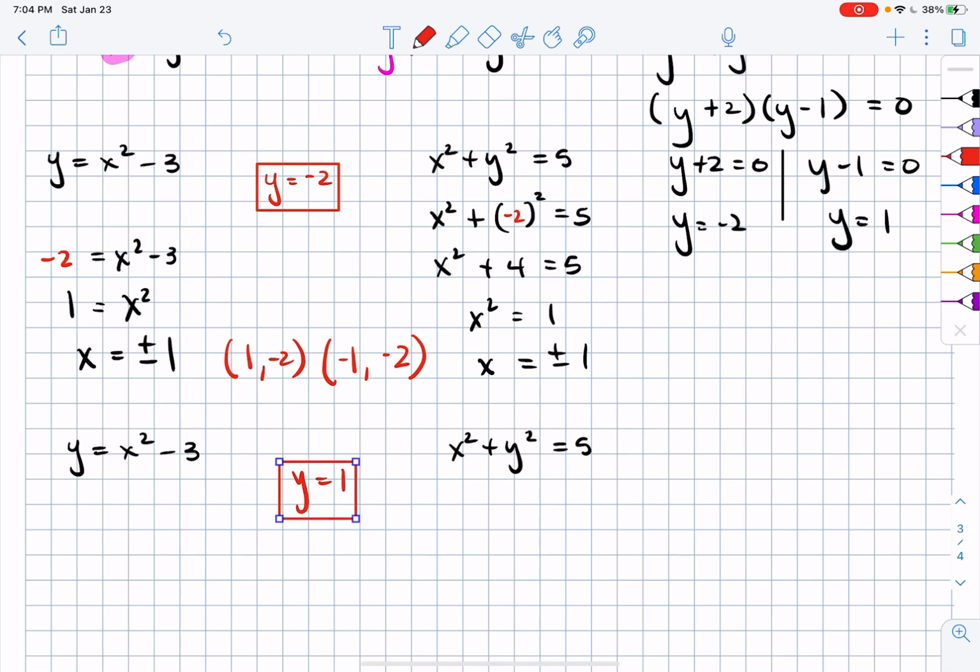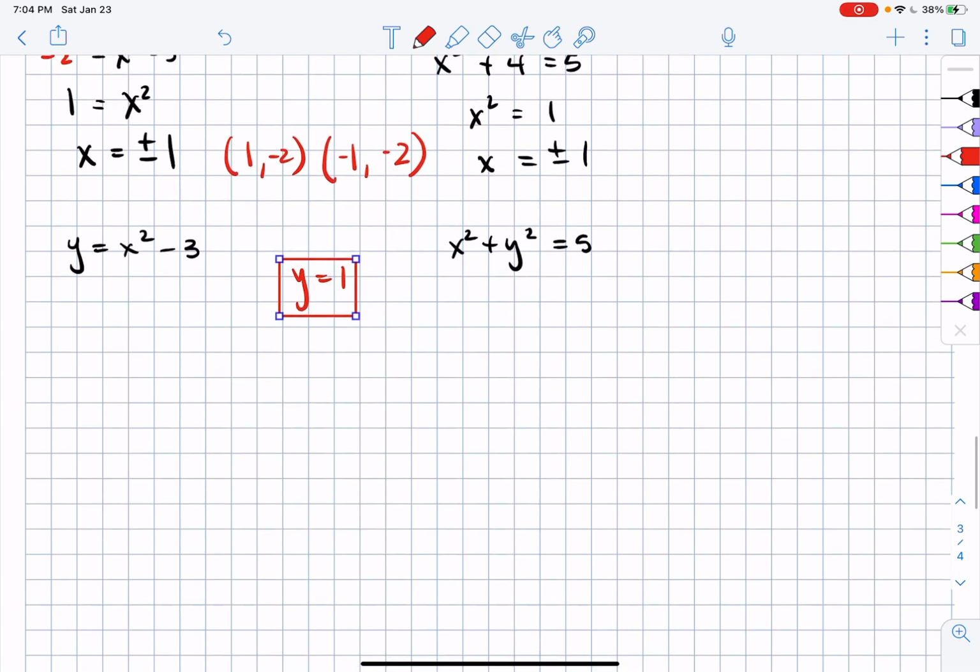All right, so there I am. So let's plug in 1 in for y. So I got 1 is equal to x squared minus 3. Add 3 to both sides. I get x squared is equal to 4. So x is going to come out as plus and minus 2. Okay.